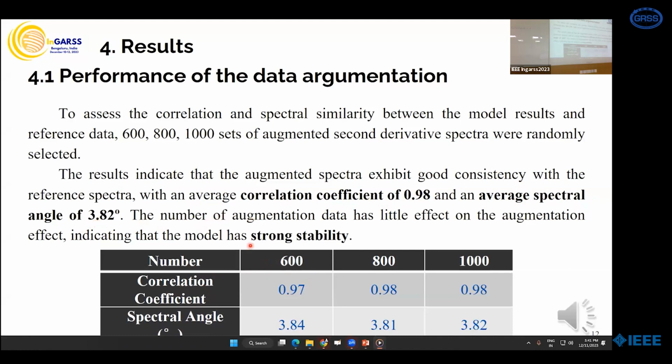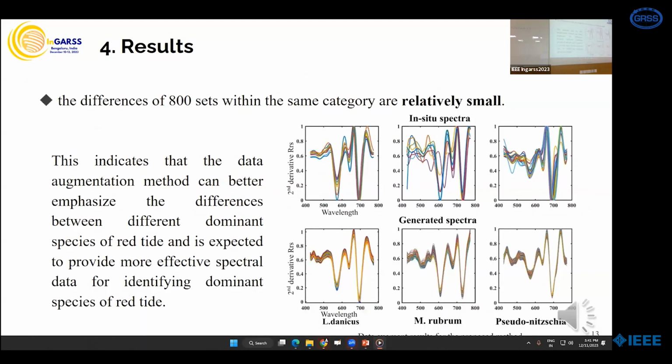The number of augmentation data has little effect on the augmentation effect, indicating that the model has strong stability. Considering the experimental time and the spectral similarity, we select the 800 sets of augmented data.